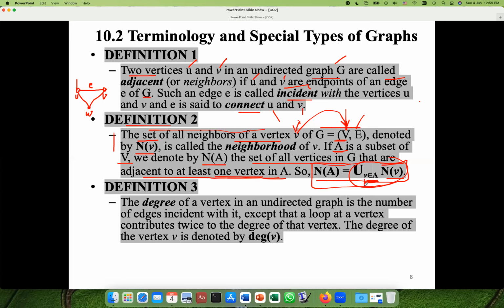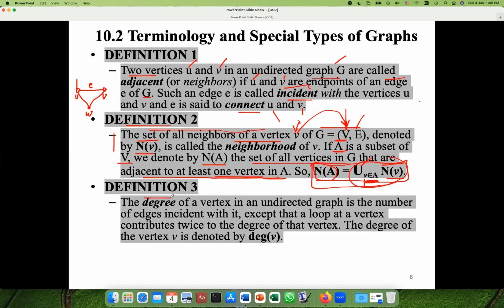And for V2, you will find V4, V7, V8. V4 is repeating. So if you are taking the union, you will ignore the repetition of V4, nothing else. You will keep the vertices only one time in the final set, in the final neighborhood of A.